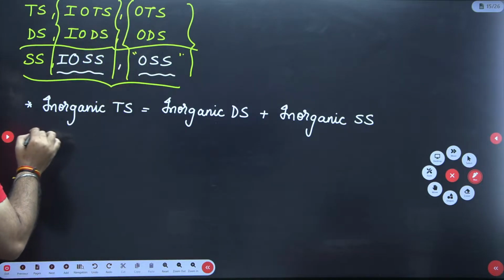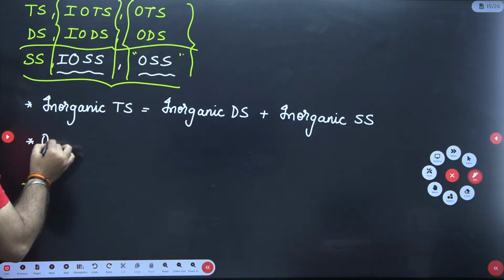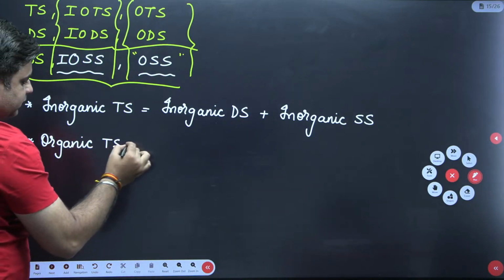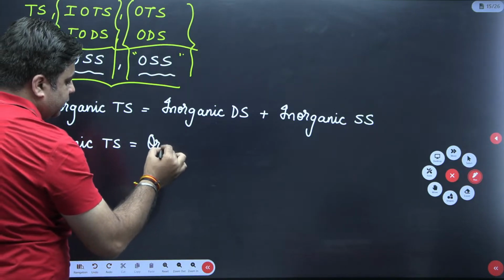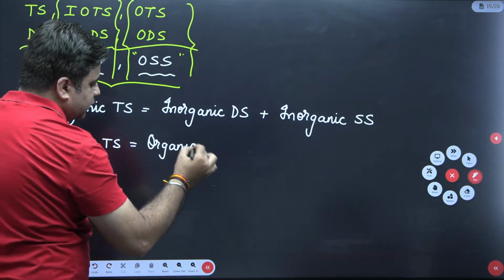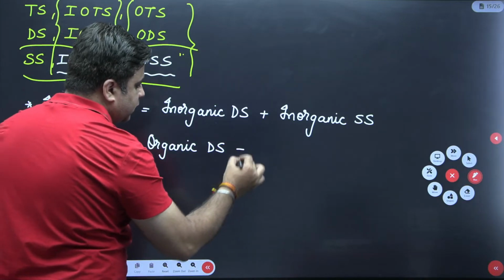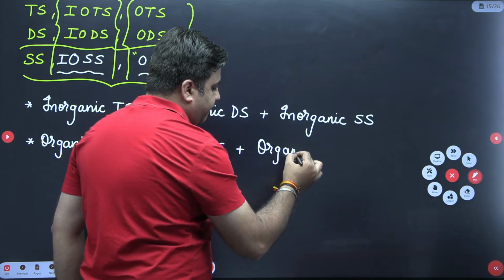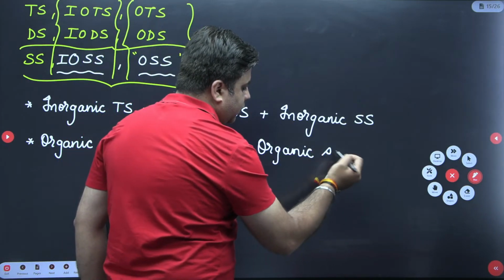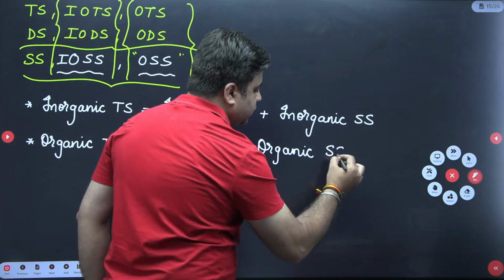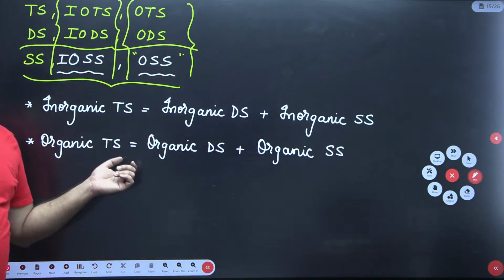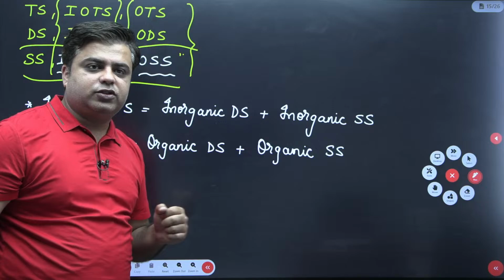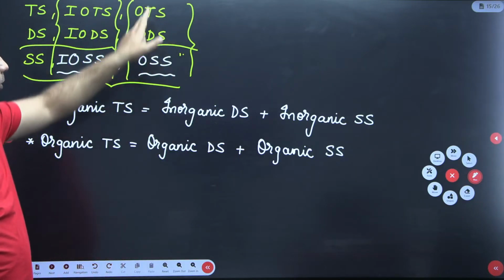First one is organic total solids is equal to organic dissolved solids plus organic suspended solids. So organic total solids is equal to the sum of organic dissolved solids plus organic suspended solids. This is one equation that I have framed from this column.